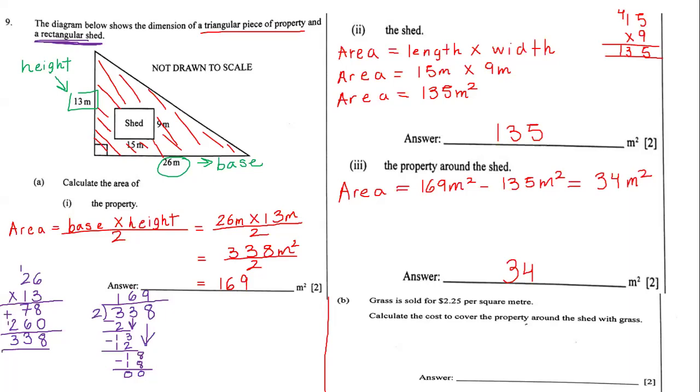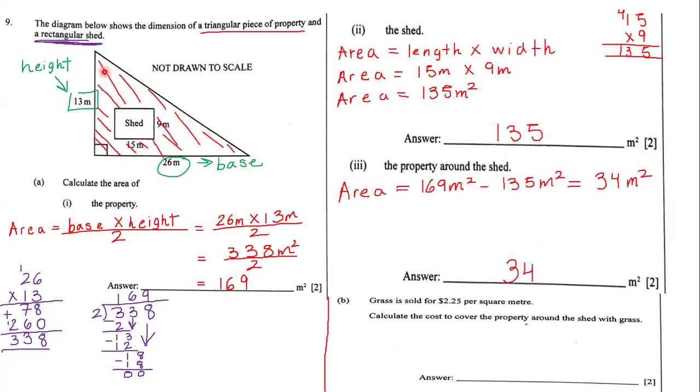So this one is talking about, here, right? We want to lay grass over this area. But what is the amount of area that this space is? 34 square meters, right?